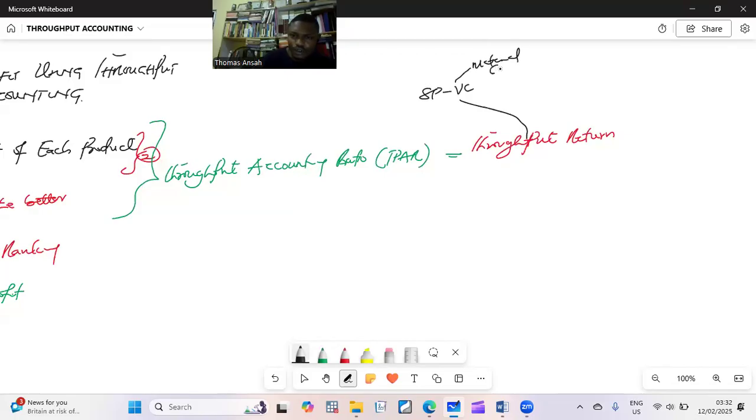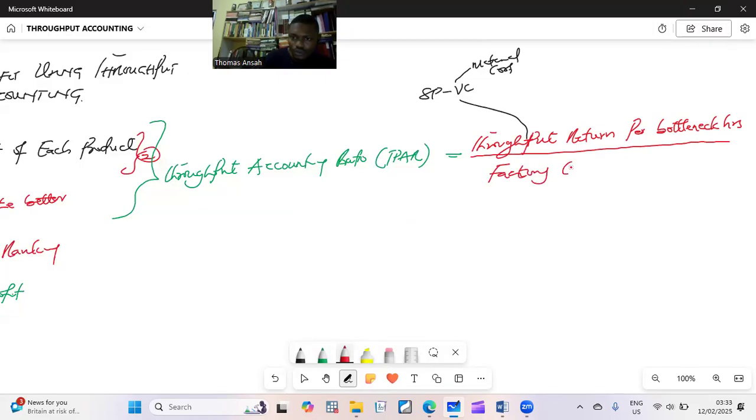Don't forget that, all right? Per bottleneck hour. That is in terms of the capacity. All divided by factory cost per bottleneck.